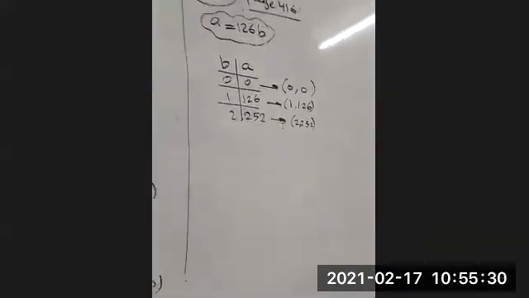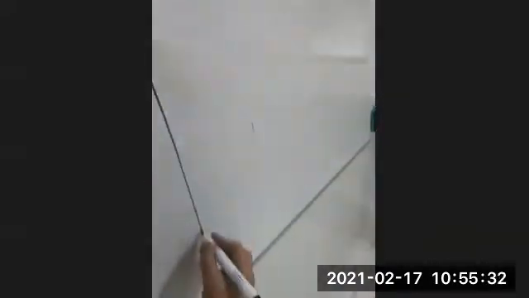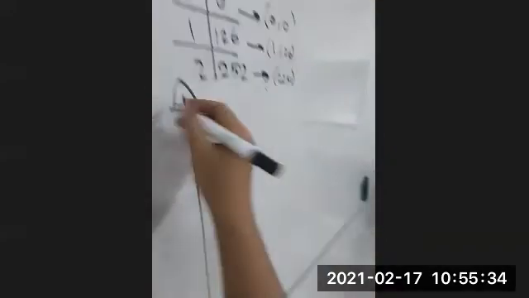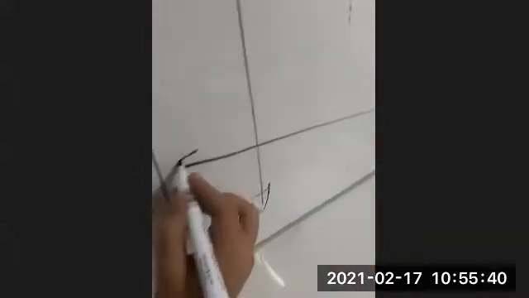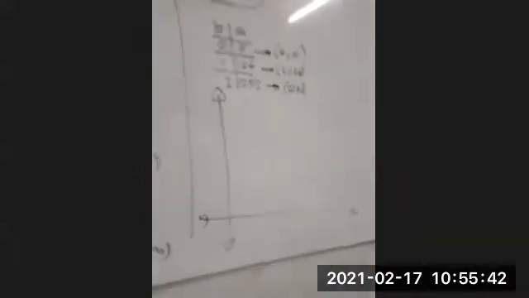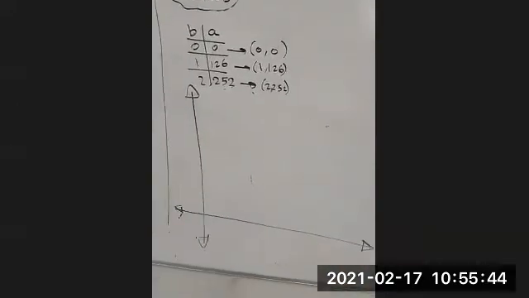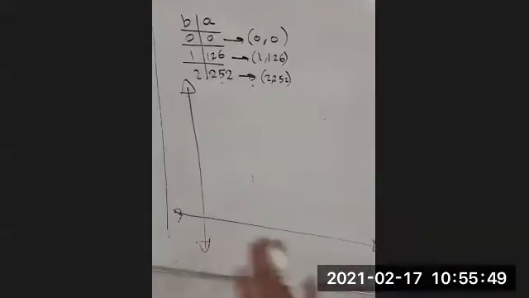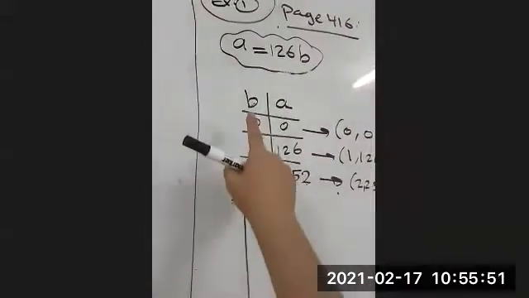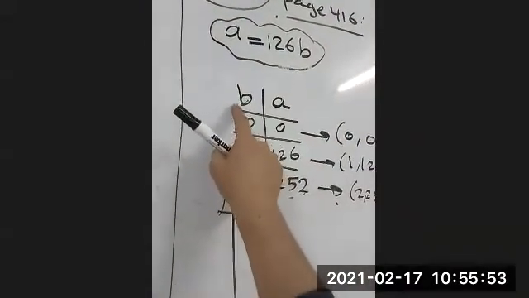Now what I'm able to do, I will graph it. After I have my ordered pairs, I will go to my coordinate plane, and it is already graphed in your book. What I care about here is what's the horizontal and what's the vertical. The horizontal, guys, is the independent variable.